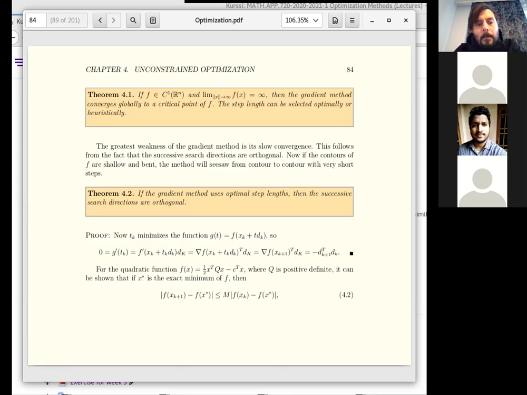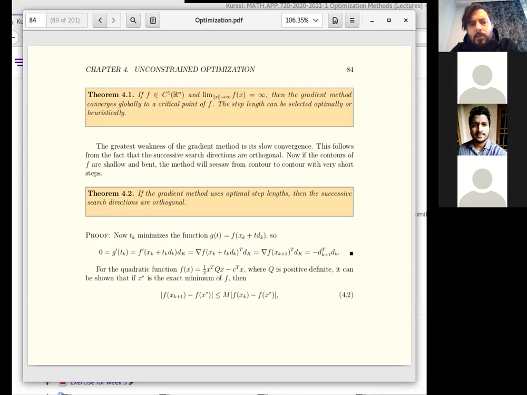Let's take an example, the quadratic function. A quadratic function, meaning we are dealing with Rn, and we have a second degree polynomial over n variables.